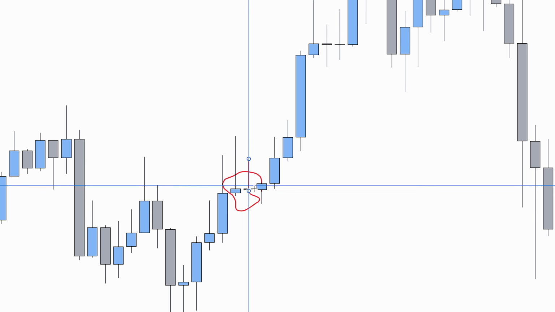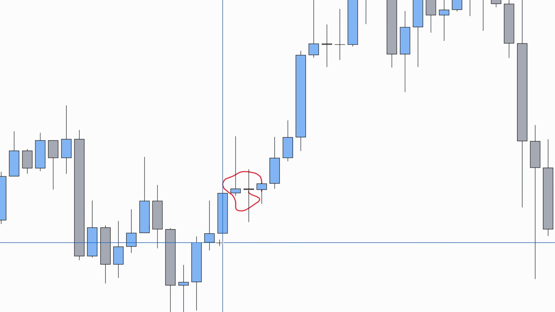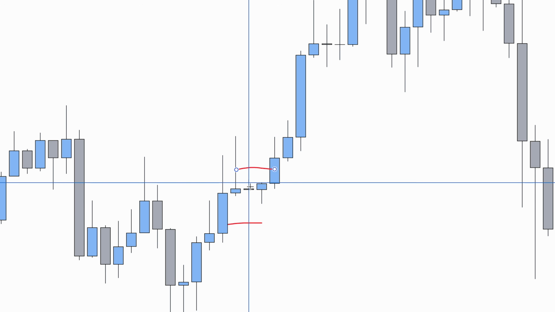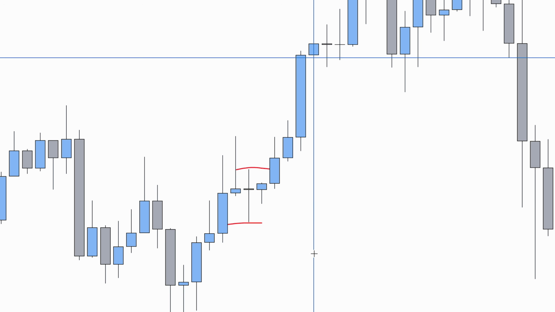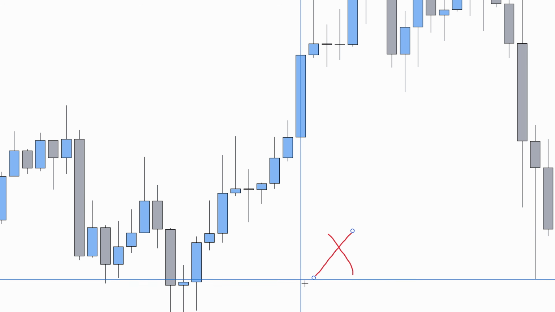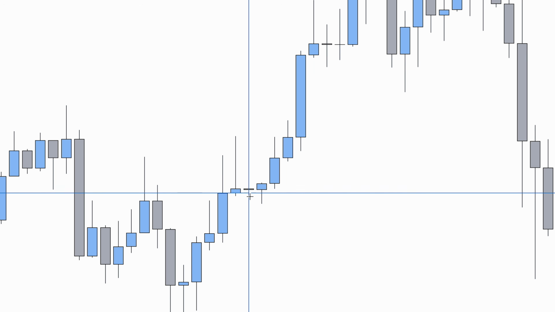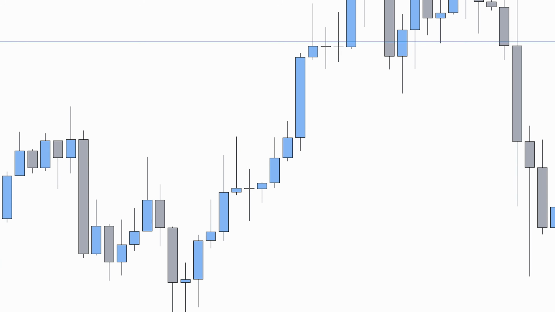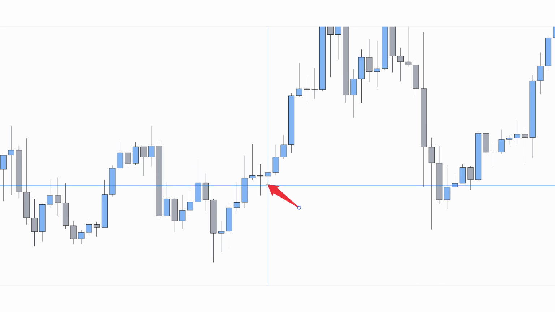We attempted to go higher, attempted to go lower, ended up canceling out the buy side and the sell side momentum, and in the end, we just closed where we opened. So this candle tells us in the battle between buyers and sellers, no one is in control because at this point we failed to go lower, failed to go higher, and ended up just closing where we opened. So that would be a low momentum candle.